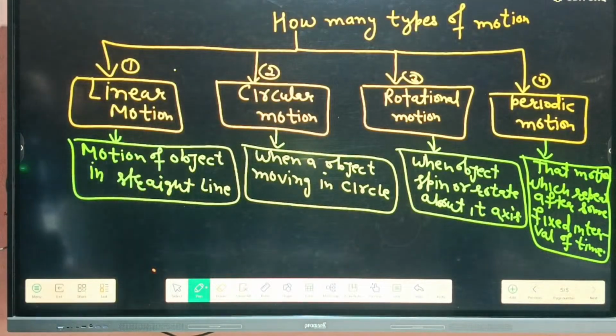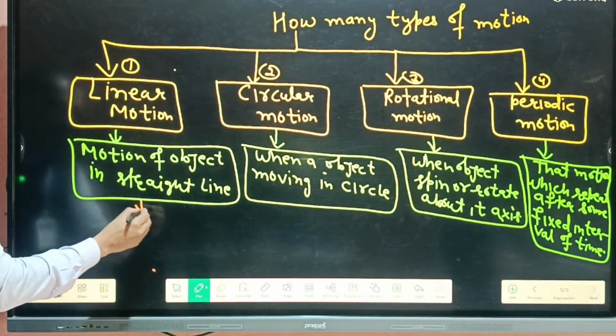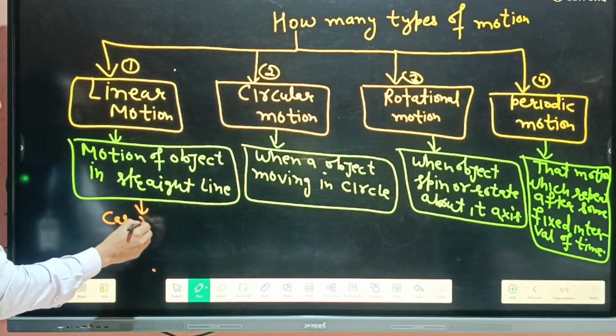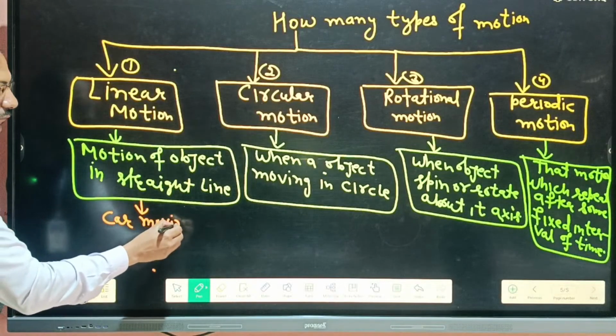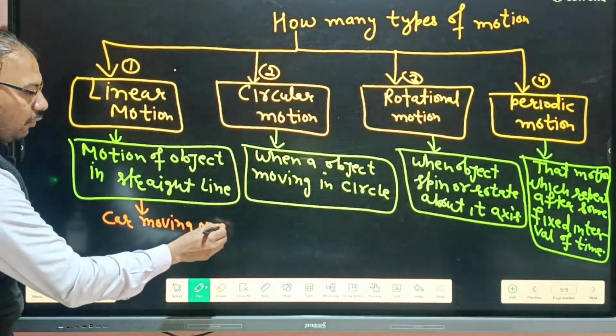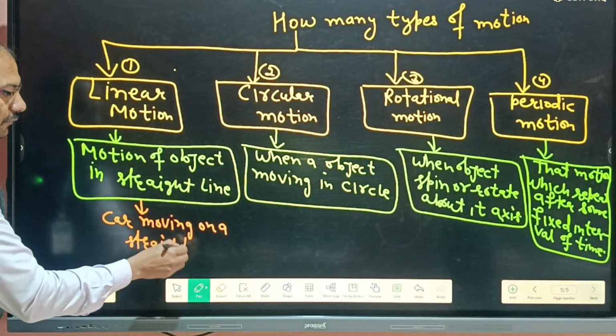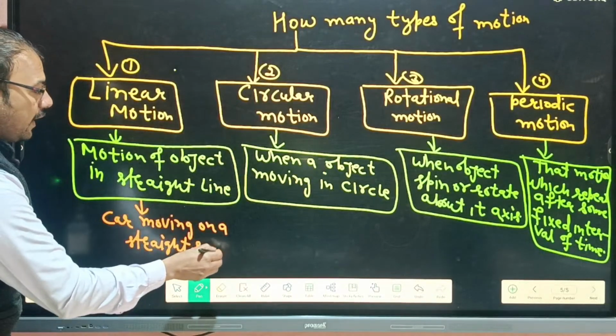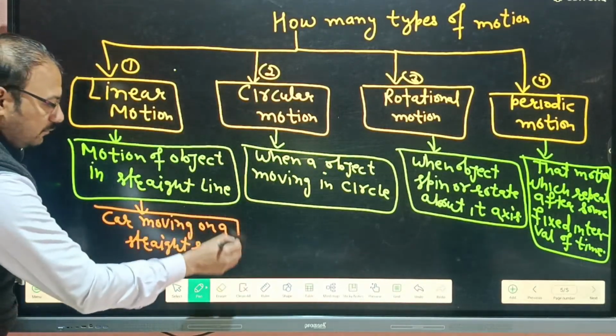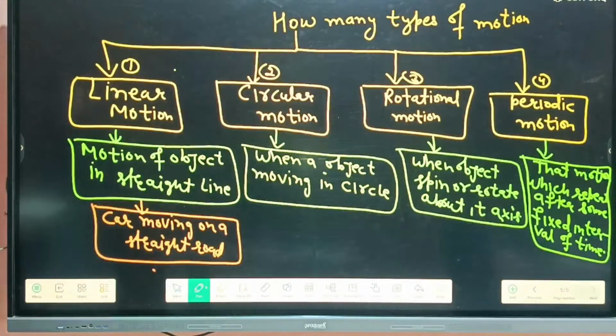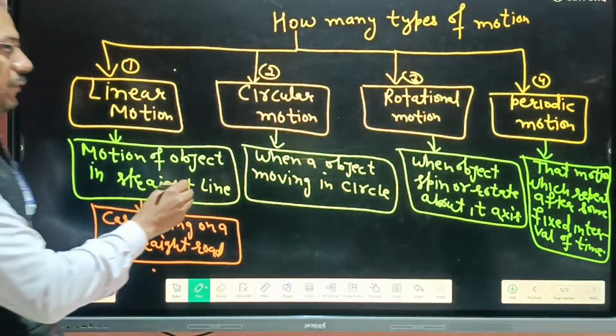So motion of an object in a straight line, like a car moving on a straight road. So this is an example of linear motion. Okay, and circular motion, when an object moves in a circle.